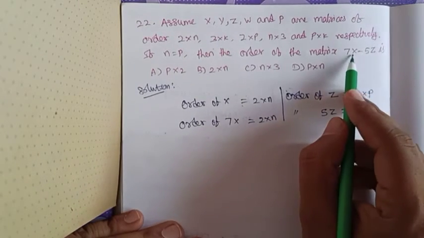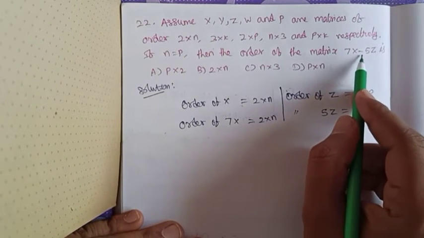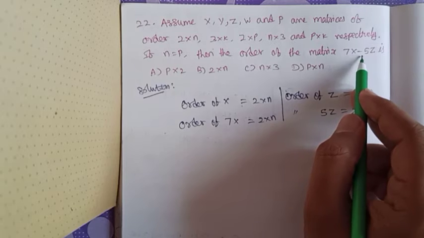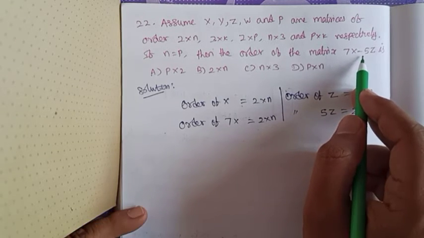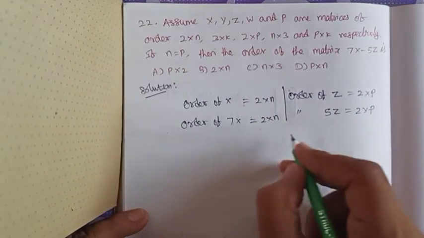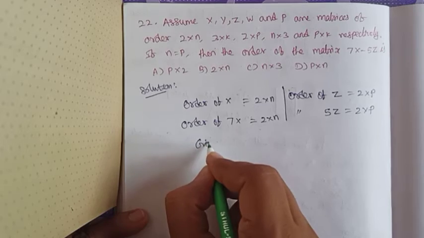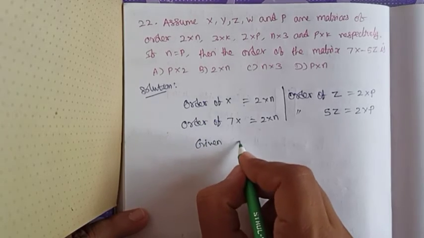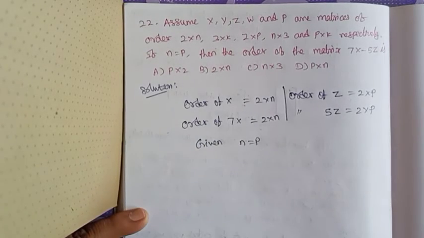Both matrices will be subtracted, and addition and subtraction are possible only for matrices of the same order. Here the given hint is n equals p.